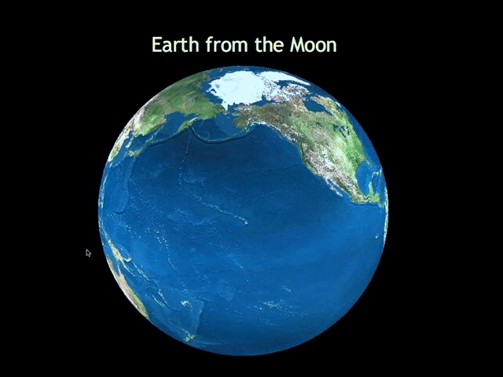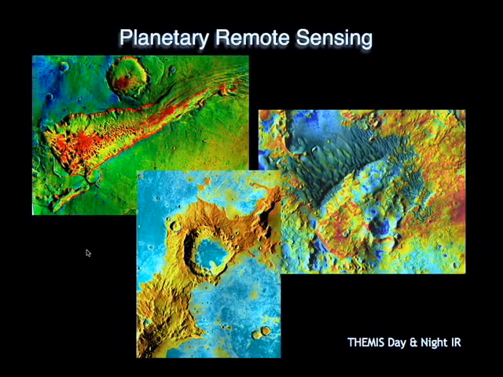The other thing you can do, clearly, the poles are extremely interesting from a climate change point of view, and we don't have good continuous coverage of the poles. So there are actually things that one could do from the moon, looking back at the Earth. And it turns out with a modest-sized telescope, you can get sort of 500 meter per pixel imagery of the Earth from the moon, okay?